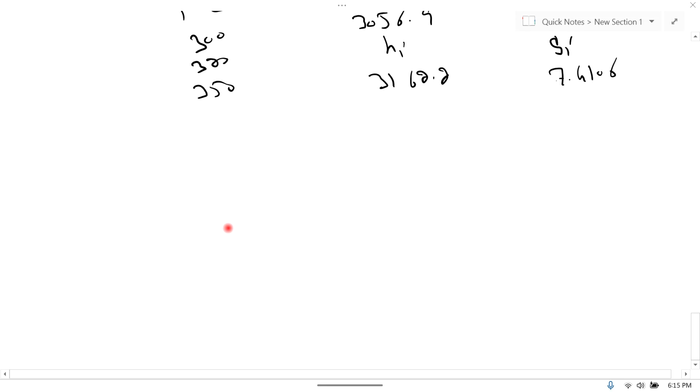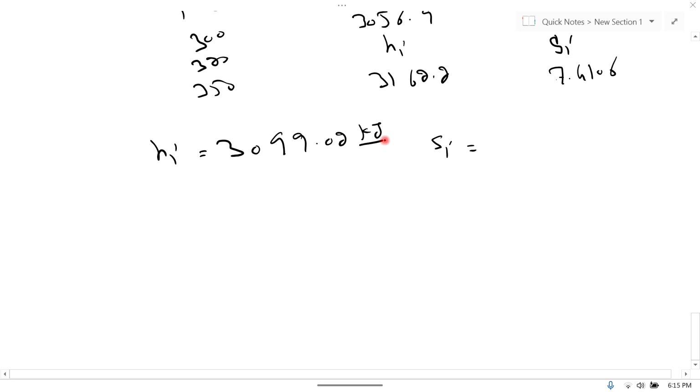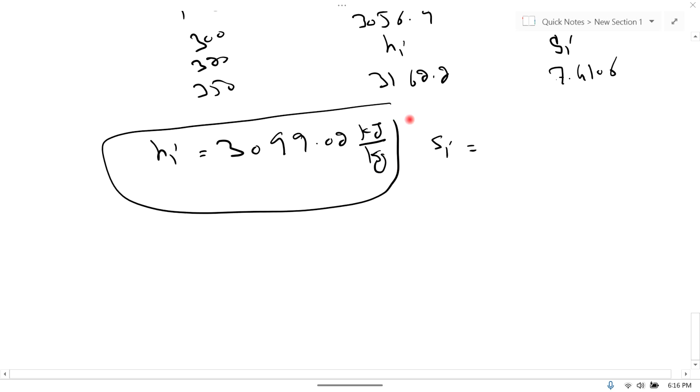So do interpolation and find H1 dash and S1 dash. H1 dash is 3099.02 kilojoule per kilogram, and S1 dash is equal to 7.30 kilojoule per kilogram per Kelvin.